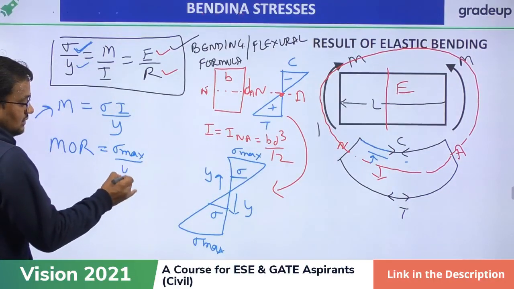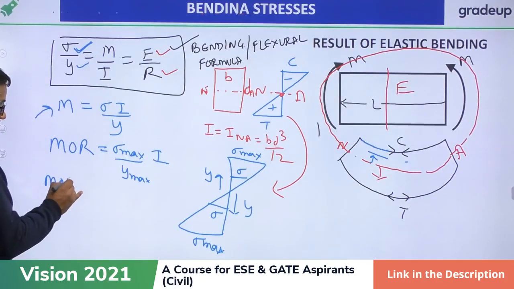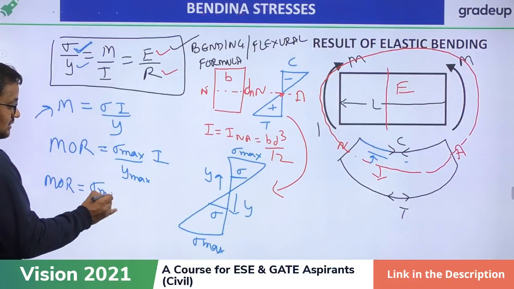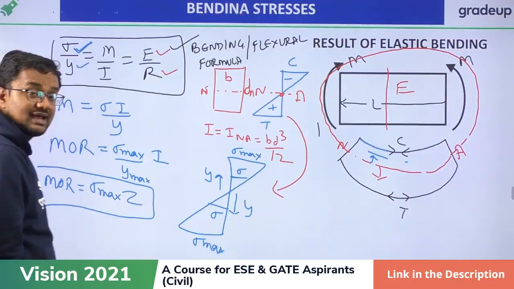So I by y max is Z. M is sigma max into Z. Z is the section modulus. So MOR is sigma max into Z.